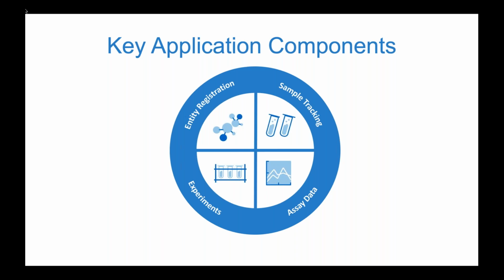Then taking assay data and tracking it back to the samples from which it was derived, so you've always got that persistent connection between the two. And then defining experiments. What is the set of samples and assay data, files, and results that we want to tie to a particular group of samples within the system? So let's walk through each of those.